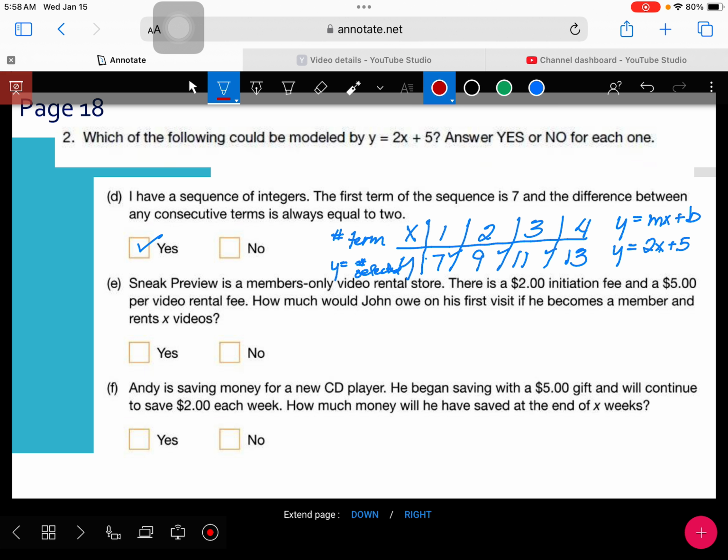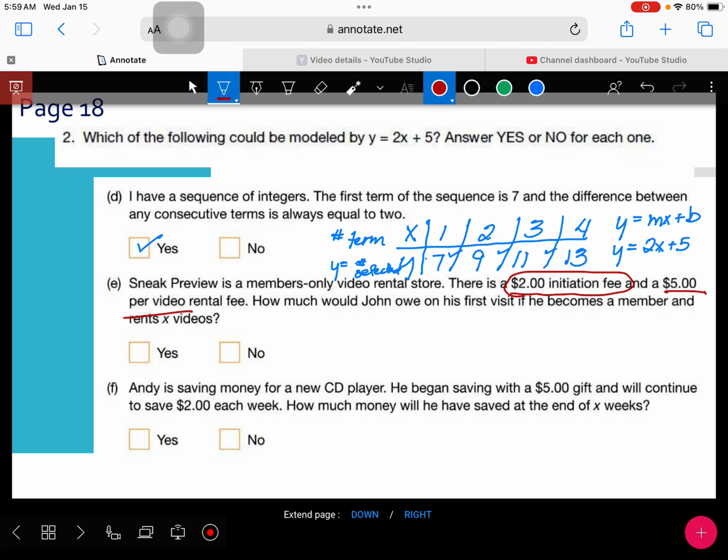All right, let's take a look at letter E. Sneak Preview is a members-only video rental store. There is a $2 initiation fee and a $5 per video rental fee. How much would John owe on his first visit if he becomes a member and rents X number of videos? So $2 initiation fee, that is a one-time fee, and then $5 per video.